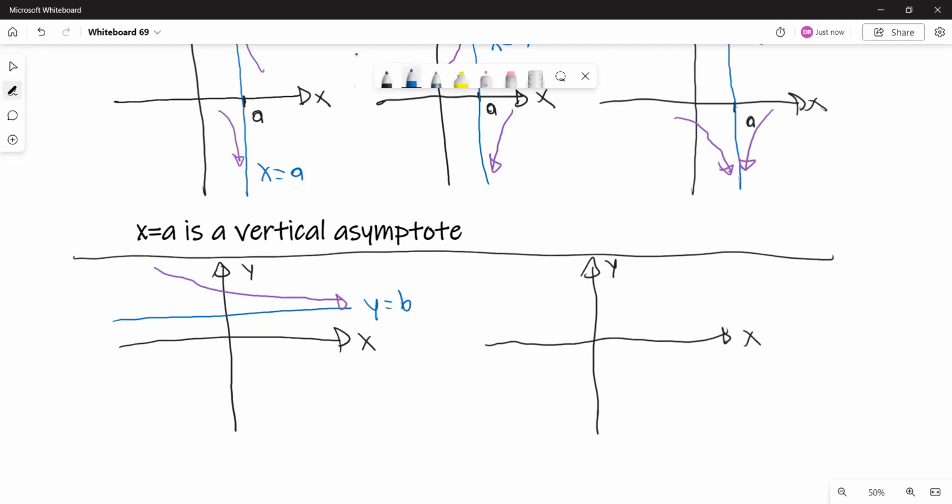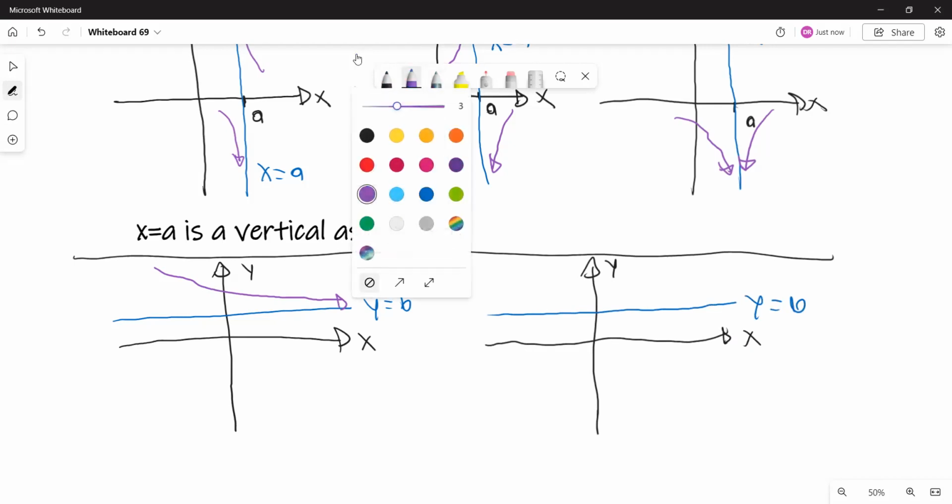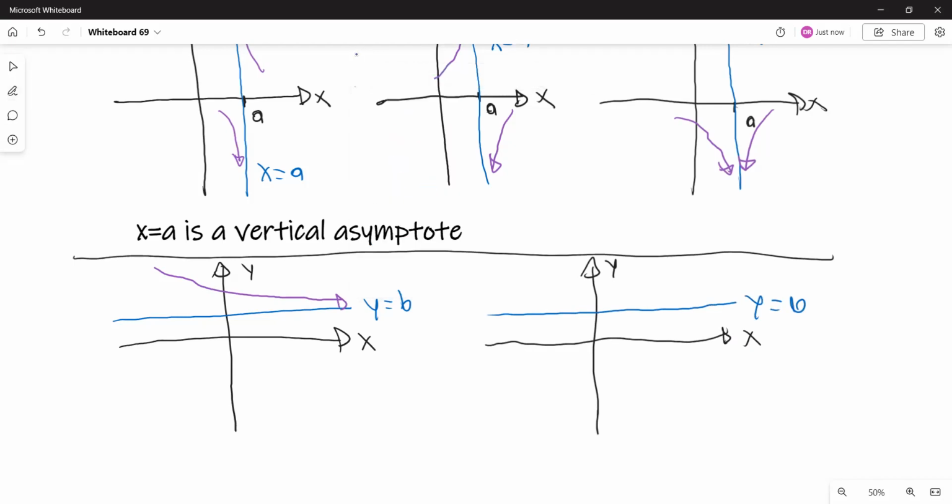Suppose that y equals b is a horizontal asymptote, and the graph of the function could do things like this: approach y equals b, but then it can cross. It can do things like that.